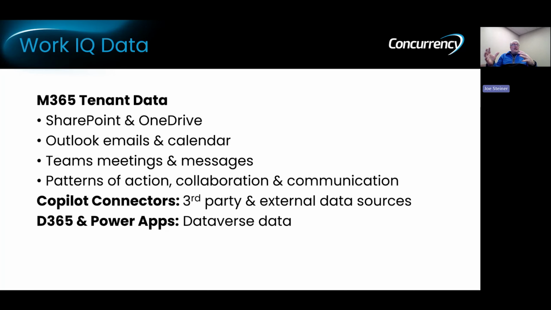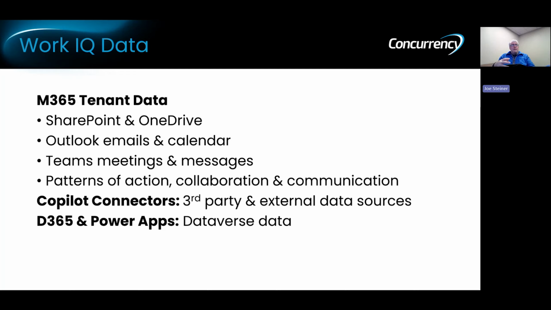To get outside data, there is a whole host of Copilot connectors, both for third-party and other external data sources, that can be brought into this too. And it brings those into the underlying graph and into WorkIQ, so that that data, if you have those connectors set up, can also be used for any of the activities you have the agent performing for you.